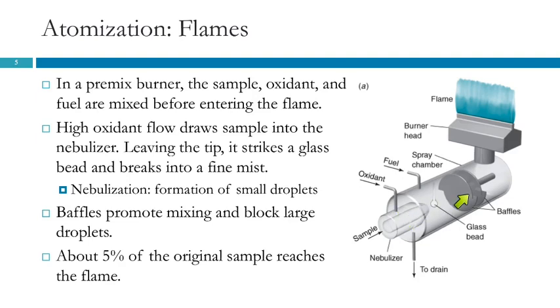We want the small droplets to get through. We don't want any large droplets to get through. Any larger droplets, when they hit these baffles, will just run down to the bottom and go out the drain. Then we have our spray chamber, where we've got our mixture of fuel, oxidant, and analyte, and it goes up into the flame. Only about 5% of the original sample actually makes it to the flame. Any questions?